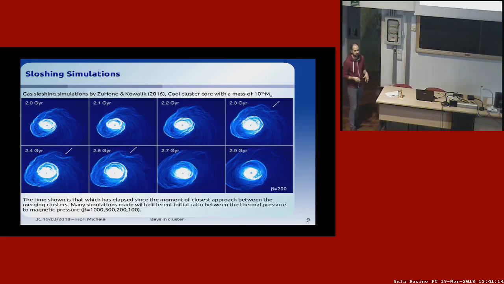They made many simulations changing the initial ratio between the thermal pressure and the magnetic pressure, that is the parameter beta.